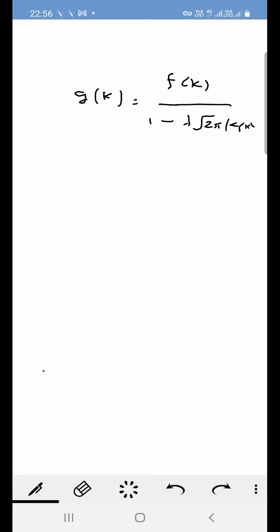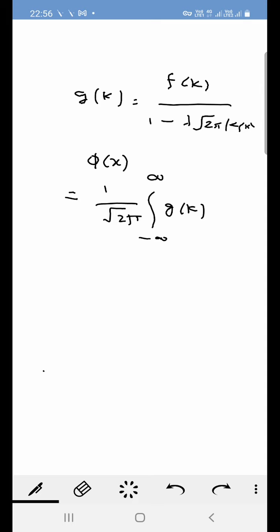Initially, our main objective was to find the unknown function phi(x). Now, as we have started using it in terms of the Fourier transform, phi(x) is 1 by root 2 pi integral from minus infinity to plus infinity of g(k) e to the power i k x dk.